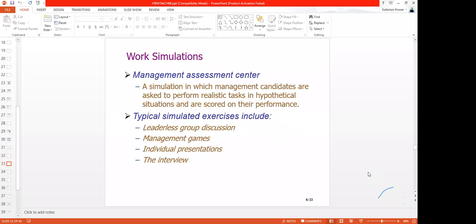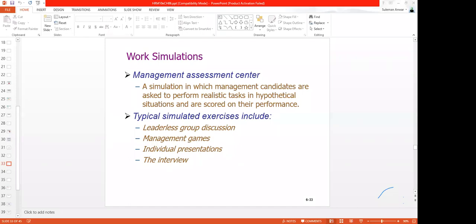Now, another aspect of tests is work simulation. In work simulation, management assessment centers are being developed.